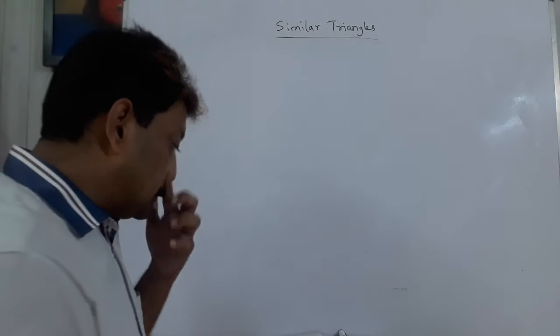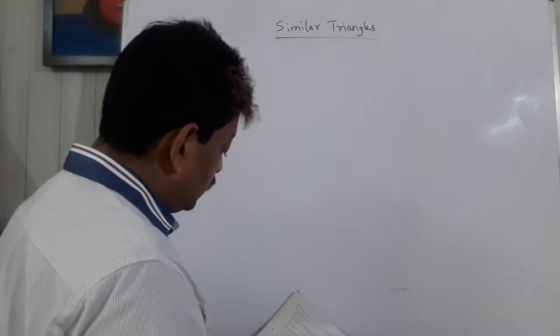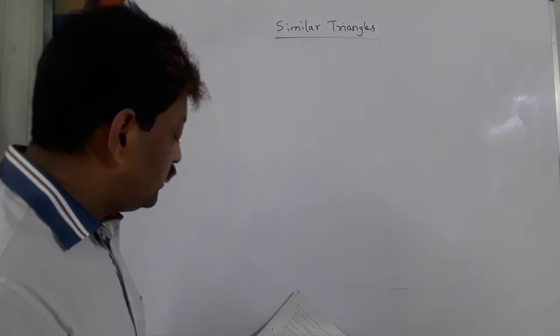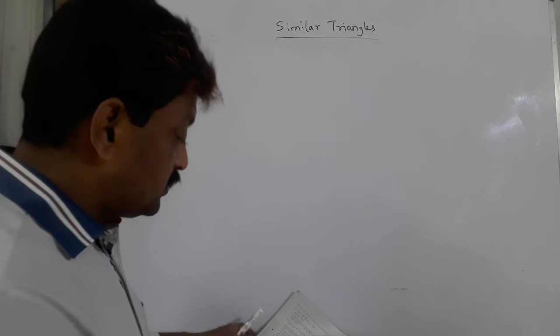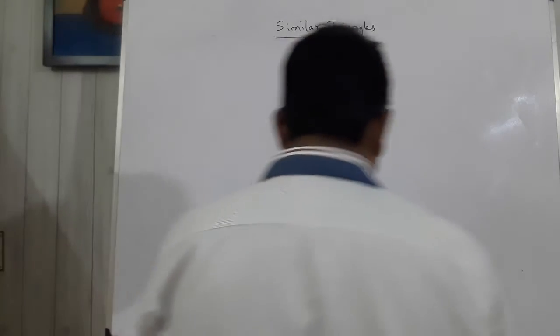So the first question is, it is given that E is a point on the side AD produced of parallelogram ABCD. Means there is a parallelogram ABCD. First of all, let me draw the parallelogram.